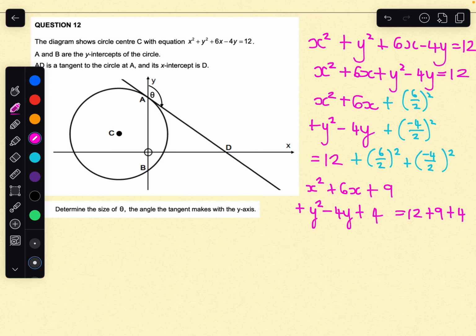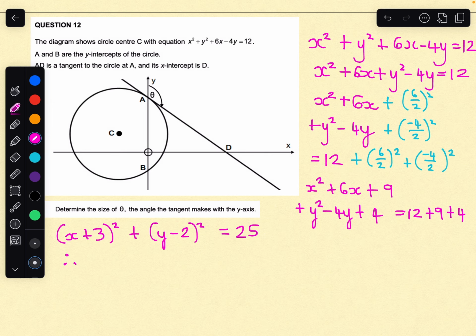So now we factorize that first trinomial, which is x plus 3 squared, and that second trinomial, which is y minus 2 squared. And on the right hand side, we've got 12 plus 9 plus 4, which is 25. So that is the equation of the circle in standard form.